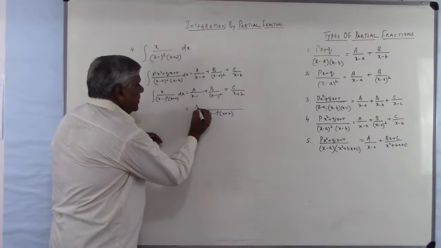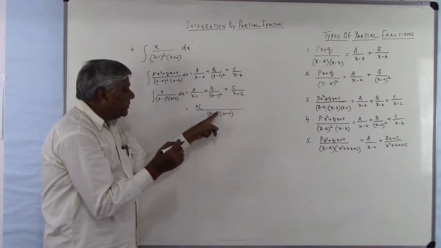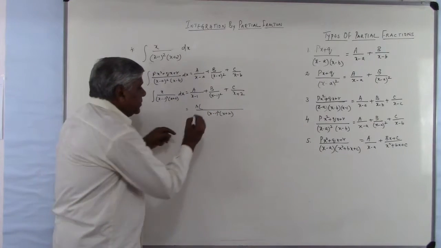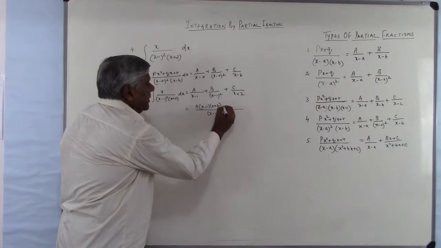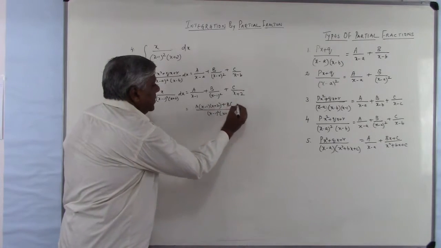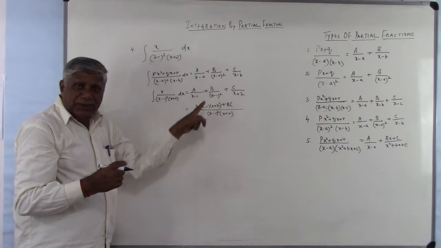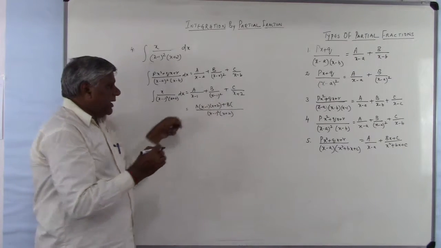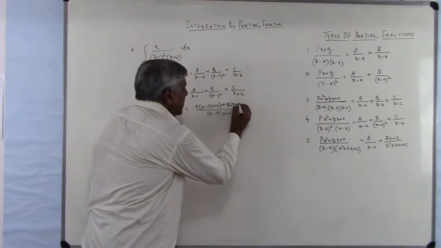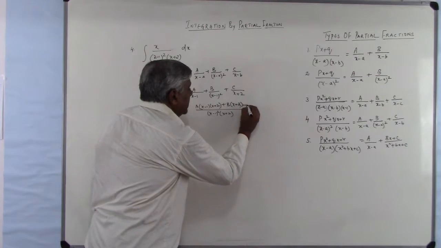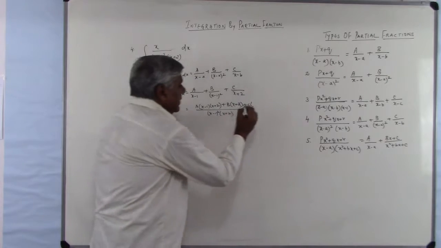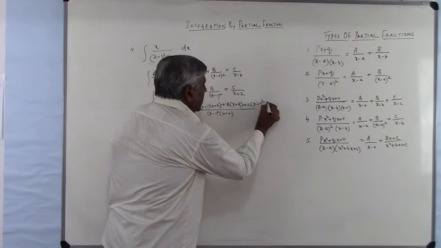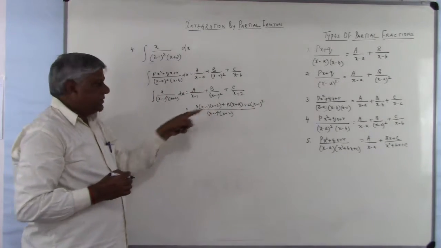Now a into, x minus 1 cancels, you get x minus 1 into x plus 2, plus b into x minus 1 whole square goes, you will get x plus 2, plus c into x plus 2 cancels, x minus 1 whole square.